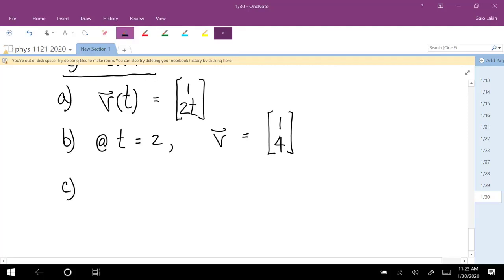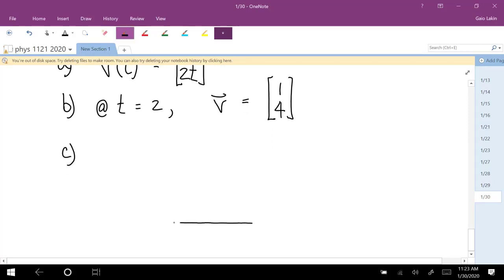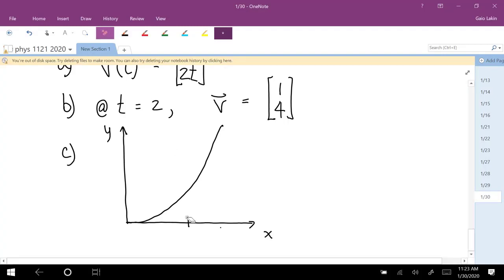And now, if this is our coordinate system, okay, so this is x and y, but this represents what's happening in the physical world. The graph looks like this. So let's say this is 1, this is 2.